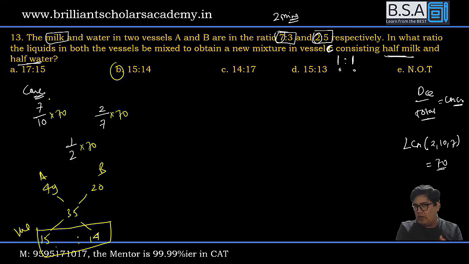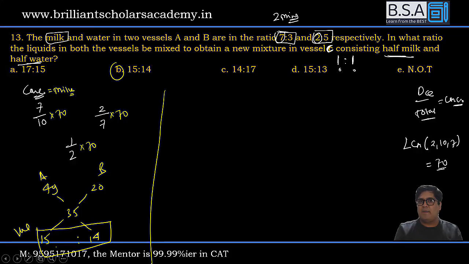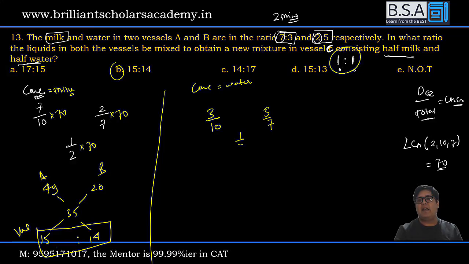This I solved through the concentration of milk. Can I do it with some other term? Let us try this with the concentration of water. What is 3 parts out of 10? Water is 5 parts out of 7. And in the mixture, water is 1/2.